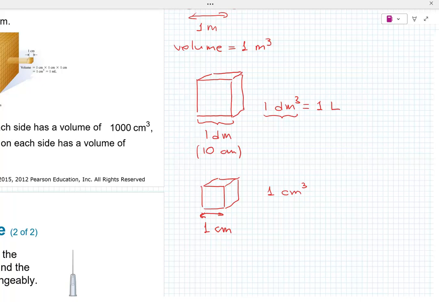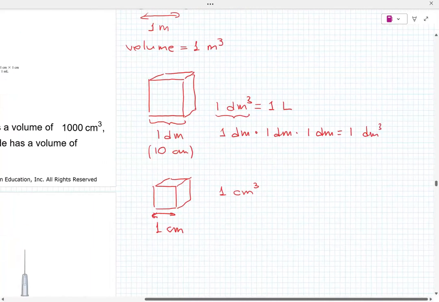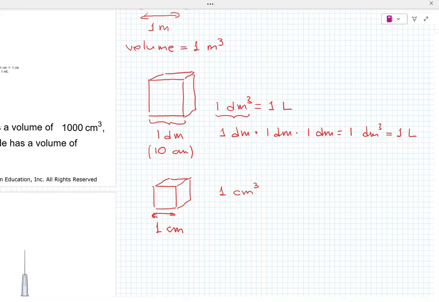So if 1 decimeter is 10 centimeters, right? I can write down this. 1 decimeter multiplied by 1 decimeter multiplied by 1 decimeter equals 1 decimeter cubed equals 1 liter. Any objections to what I wrote? All good, everybody?